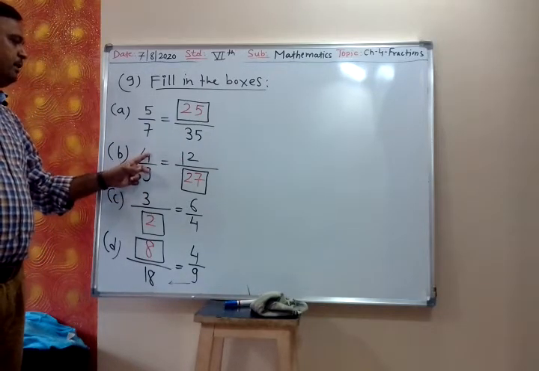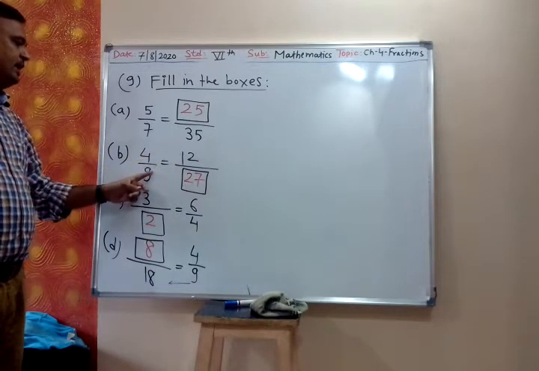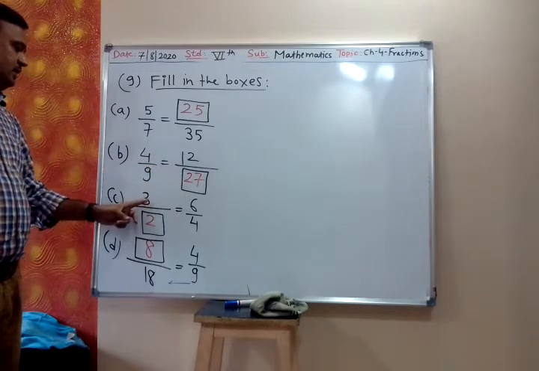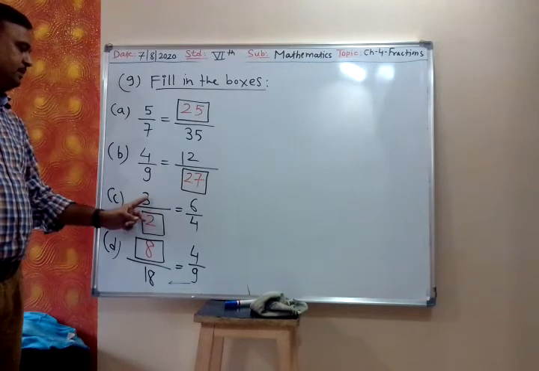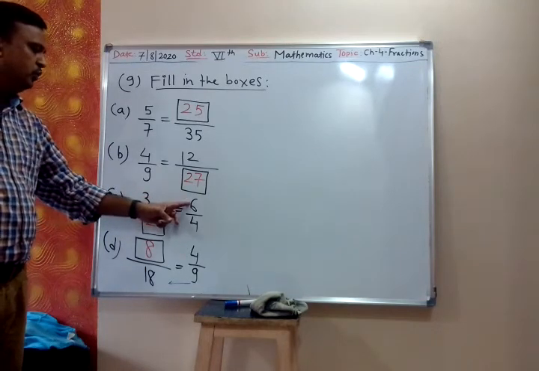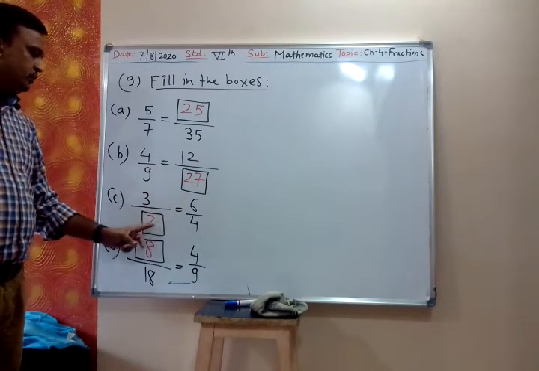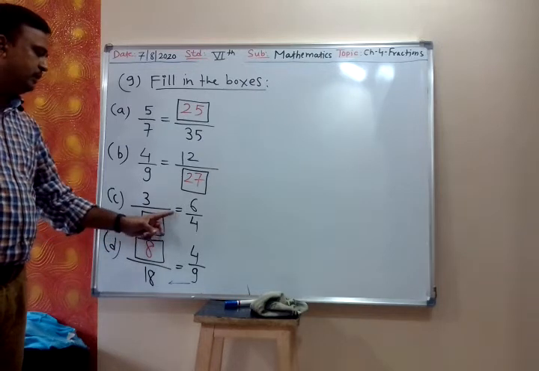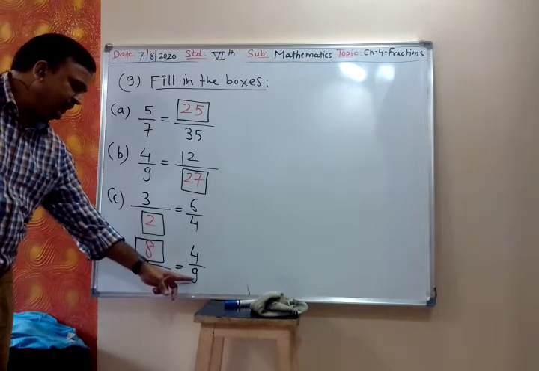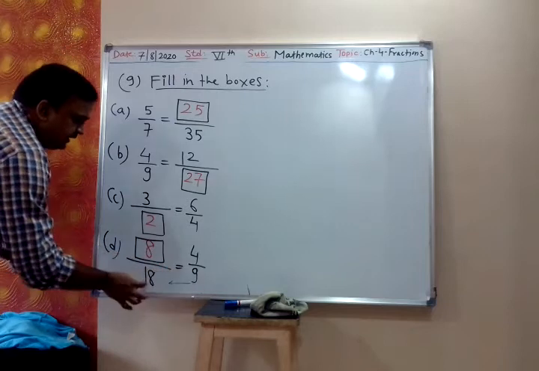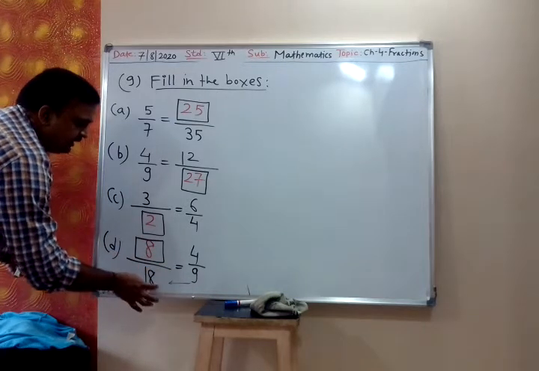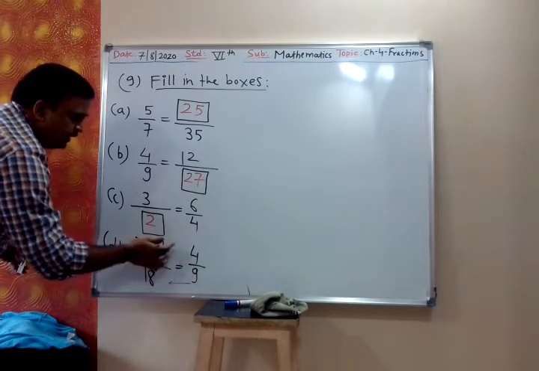That means we have multiplied 4 by 3. So 9 you have to multiply by 3. Then 3 becomes 6. That means 3 you have multiplied by 2. So 2 you have to multiply by 2. It becomes 4. Then 9 becomes 18. So 4 becomes 8.